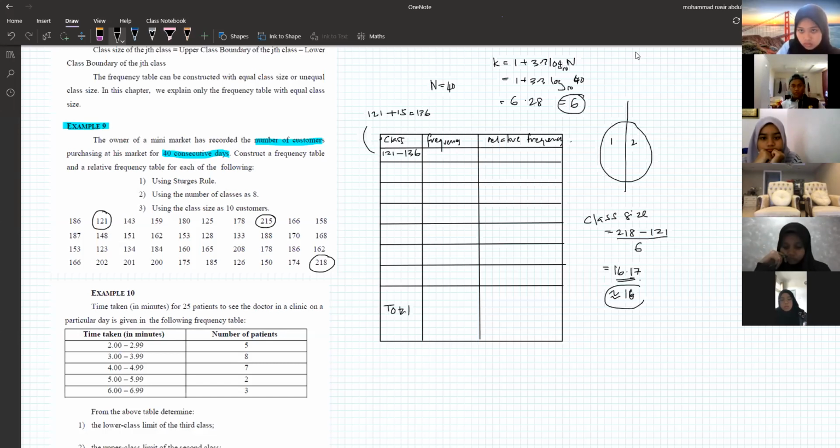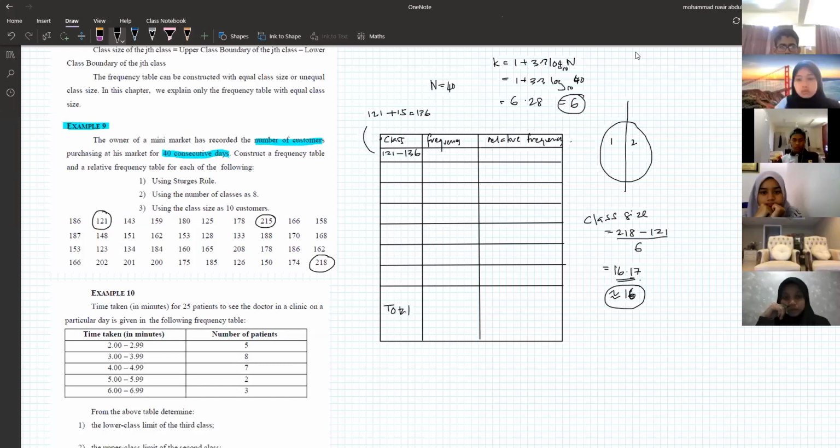Remember, our class size is equal to 16, so if you want to include 121 inside, you need to add another 15. Then 137 plus 15 is equal to 152.